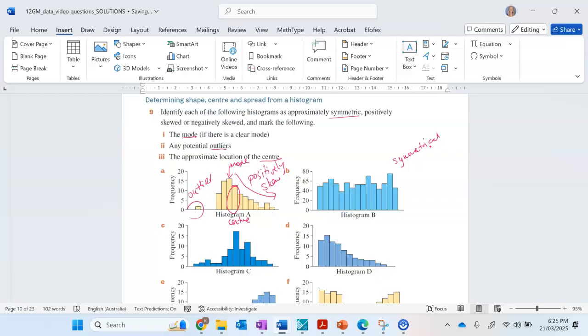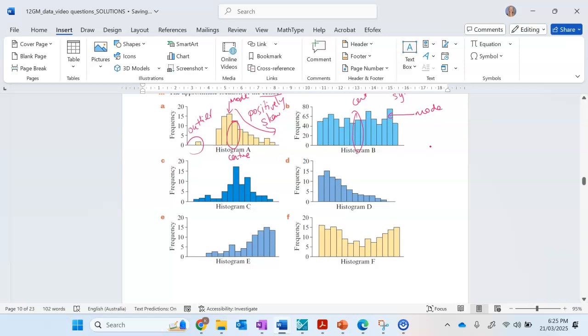Then what else do we have to do? There's no outliers. The mode, this one is just higher, so this one is your mode. There's no outliers, and the approximate location of the center. When it's symmetrical, it's in the middle. So there's your center.